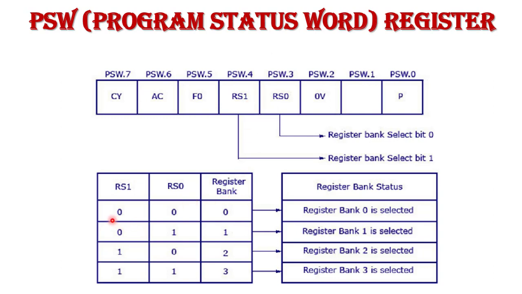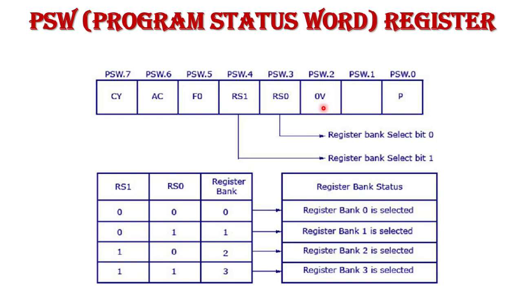If the combination of these two bits is 00, register bank 0 gets selected. If the combination is 01, register bank 1 gets selected. If the combination is 10, register bank 2 gets selected. If the combination is 11, register bank 3 gets selected. So in this way we select the register bank by using the PSW register.